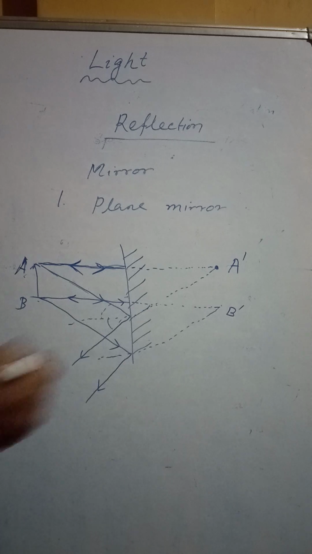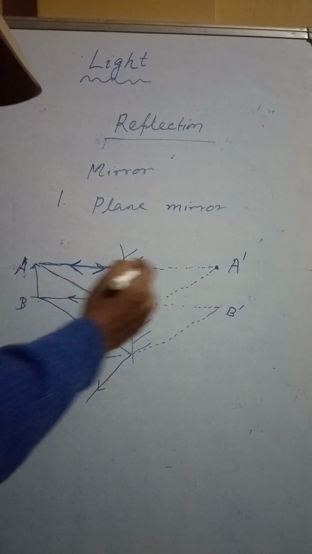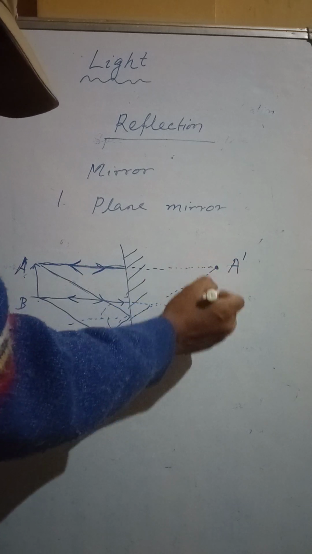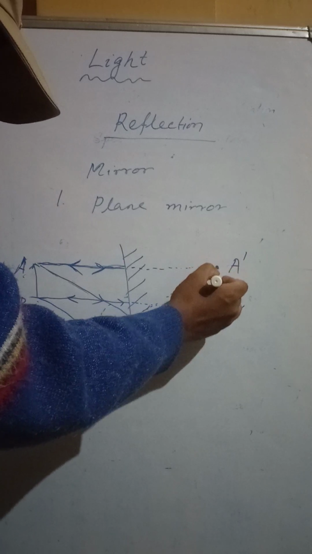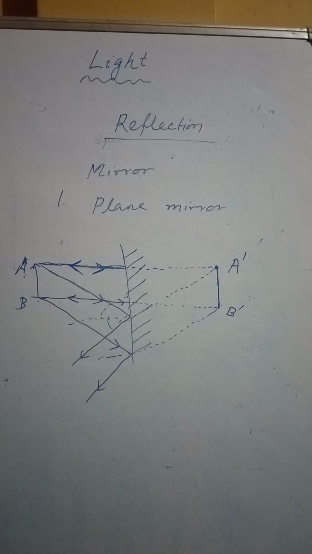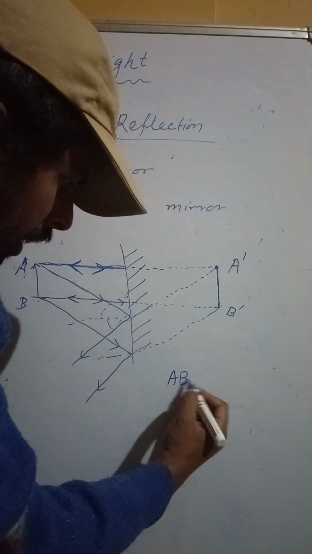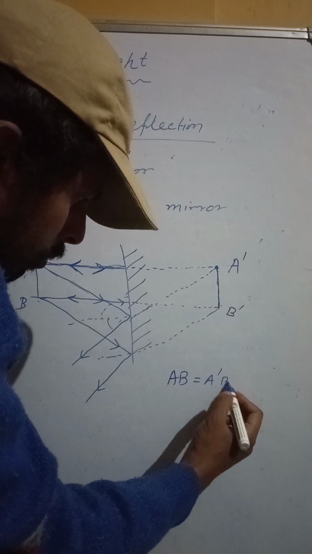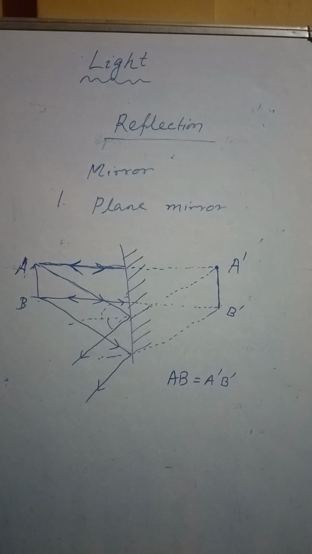From all the points of this object, I will get image points. So I will finally get an image A dash B dash for the object AB. This is the object, this is the image.